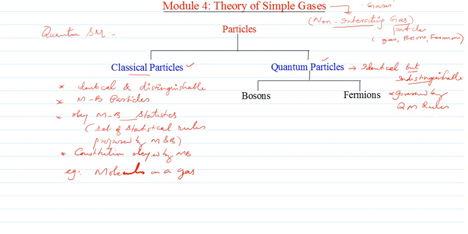The particles are bound to obey special rules, depending on the intrinsic property of particles known as the spin. So we can say that the concept of spin is supreme. The property of spin decides the behavior of quantum particles. So this is spin dependent behavior. That is the speciality of quantum particles.